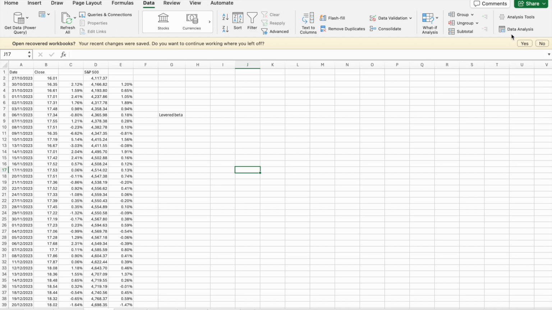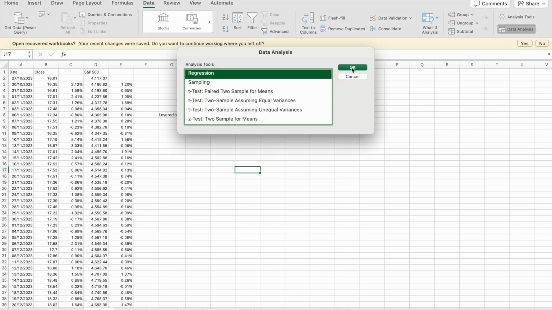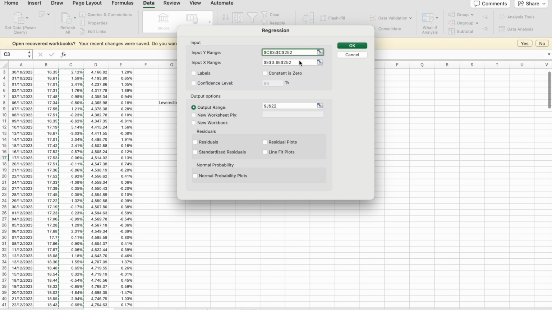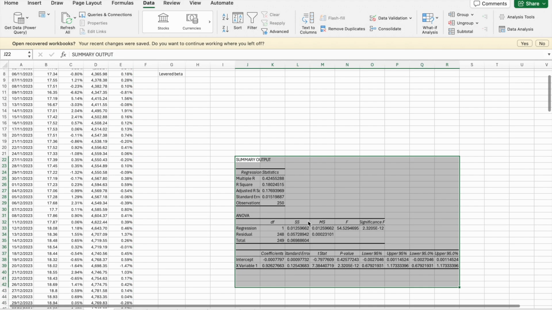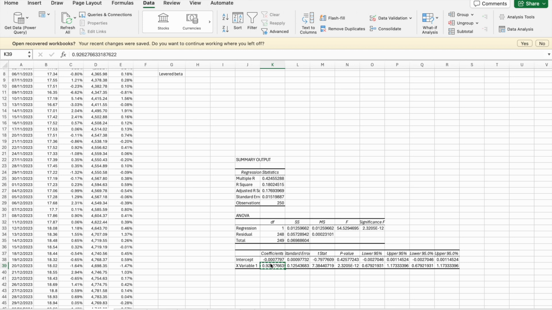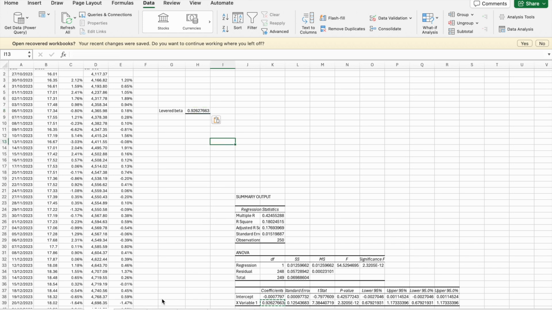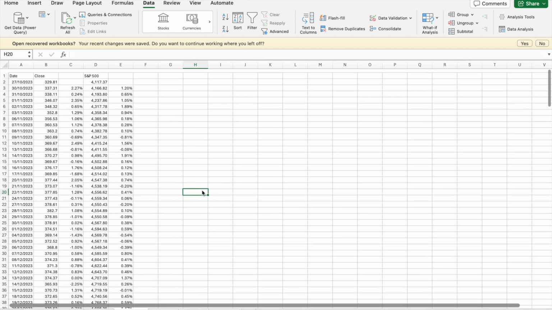So beta actually defines how the dependent variable interacts with the independent one and gives you a slope. Here it is 0.92 for the levered beta of Sony. Now finally the Microsoft.